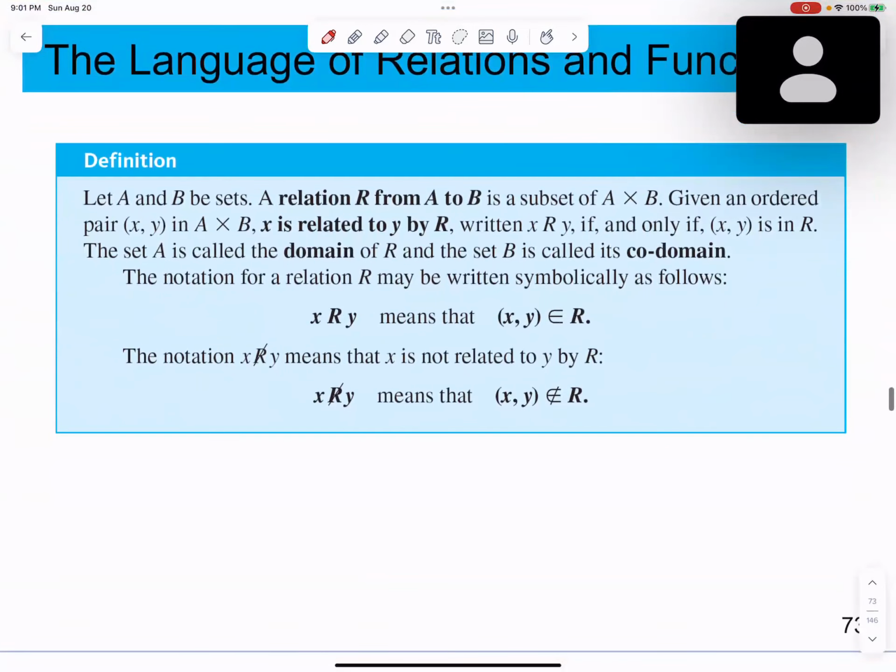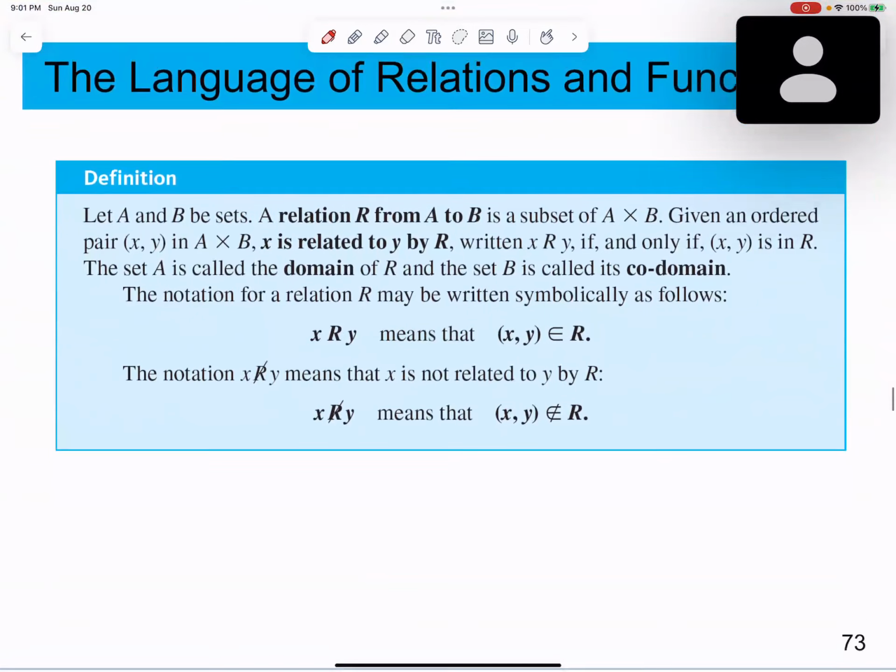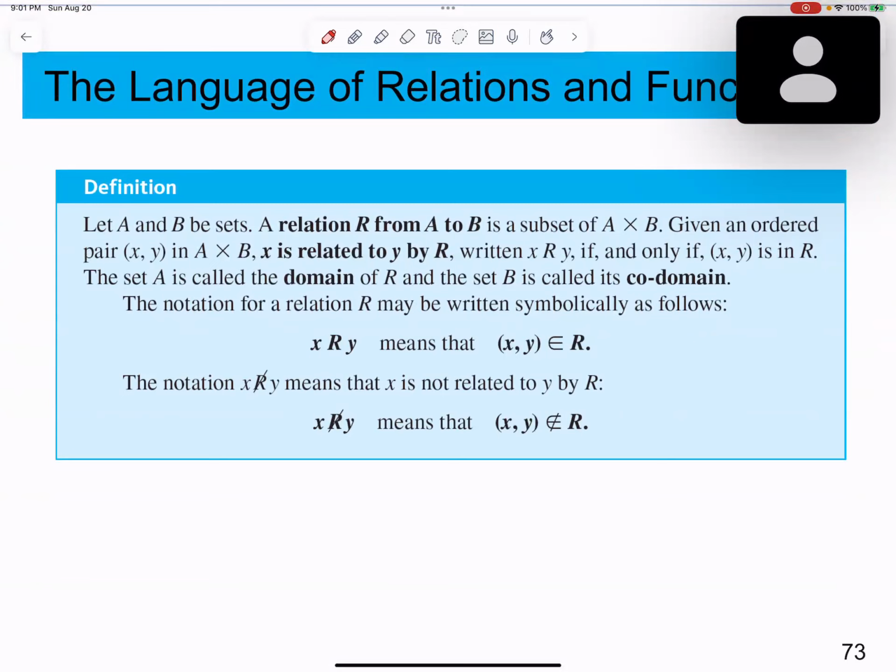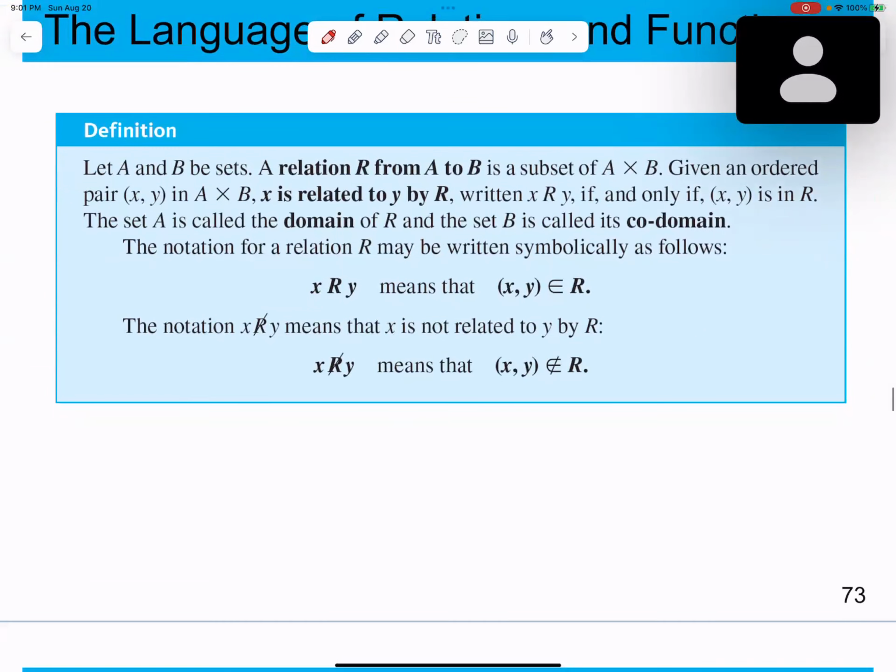Then I move to the language of relation. Now, in possibly your calculus 1 and 2 and pre-calculus, you must have heard about the word function or relation or domain. Now, let A and B be sets. A and B are given sets.